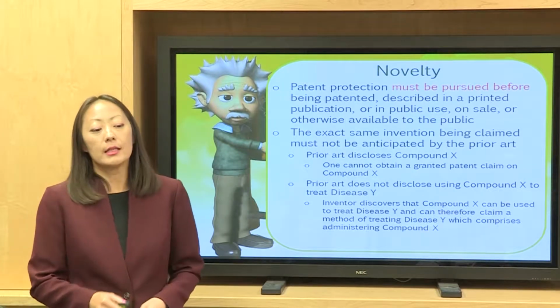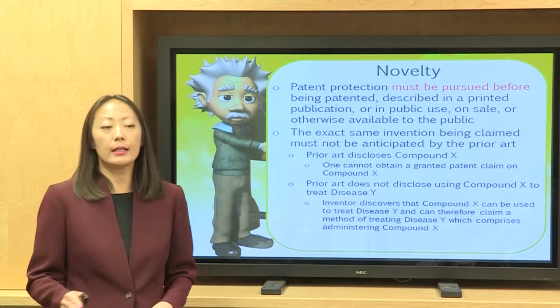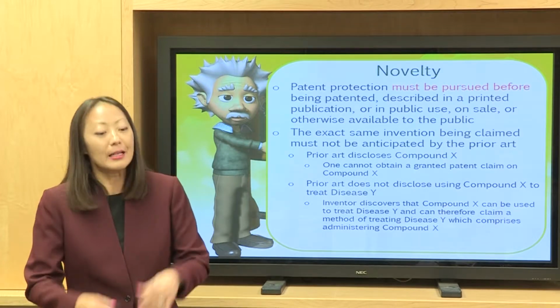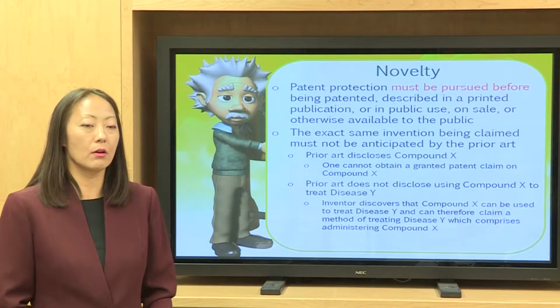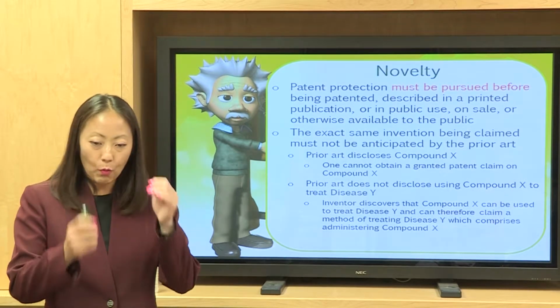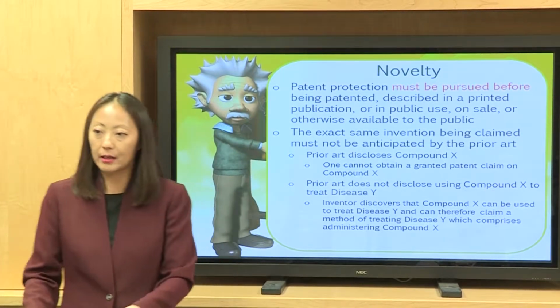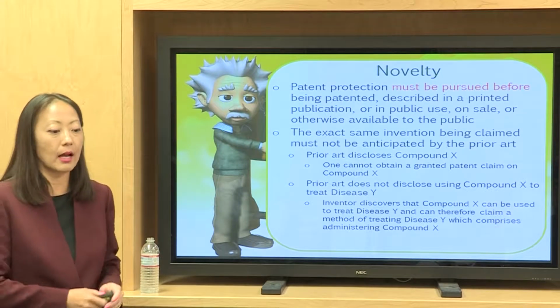And so with novelty, the exact same invention being claimed must not be anticipated in the prior art. So if it's a one-to-one correlation with your claim, and that's what was in the prior art, you can't get a patent claim to that because it lacks novelty.